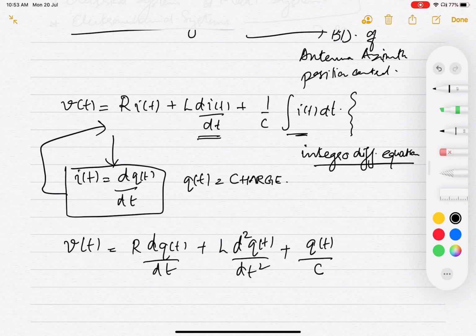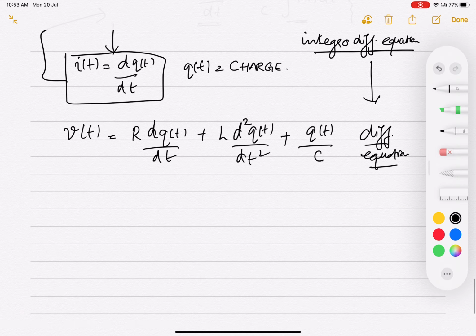Now why did I write this? I wanted to write the differential equation directly, to simplify this. Now this is not a general differential equation. If you remember from your maths course, this is an ordinary differential equation.